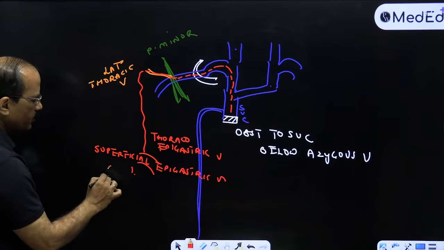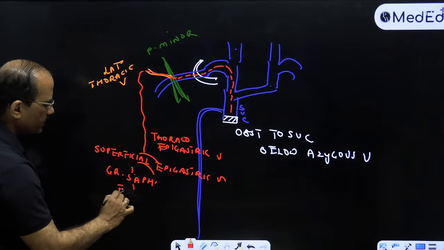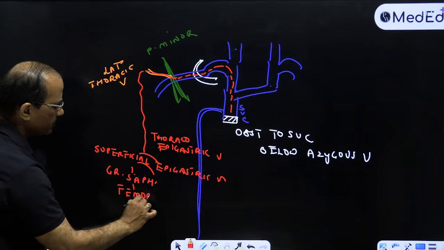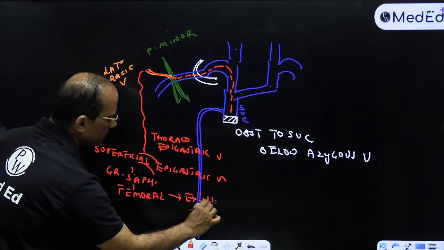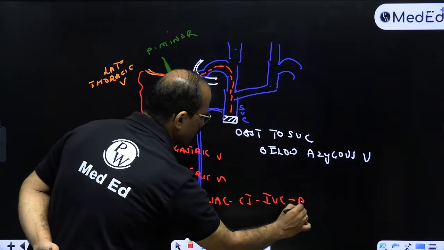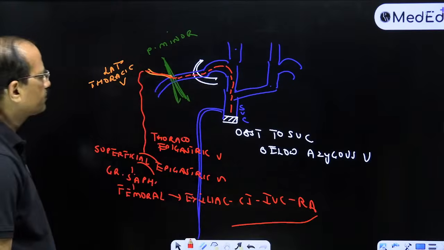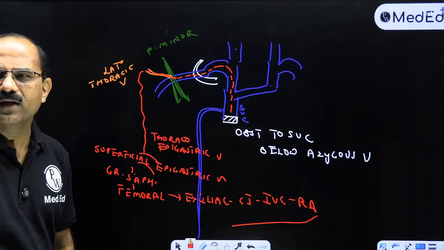Superficial epigastric will go into the great saphenous. Great saphenous into the femoral. Femoral to external iliac, common iliacs, IVC, right atrium. This is very important. ये बहुत important है, ये याद रखना.